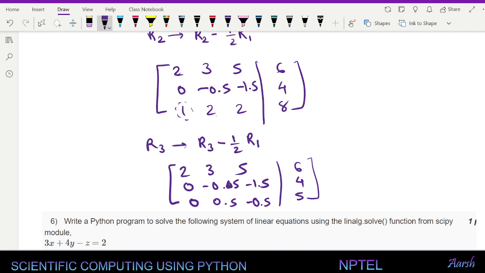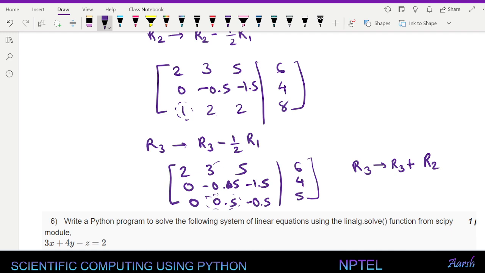Okay, and then we have to do one last step, which is to make this one 0. For that we do R3 going to R3 plus R2, yeah, that will be better actually.